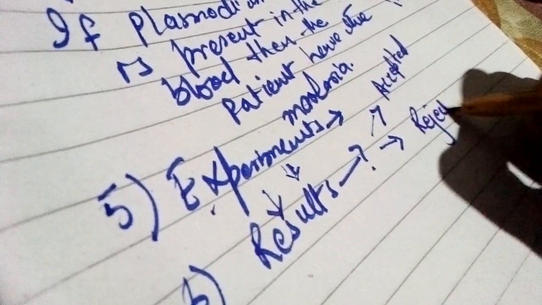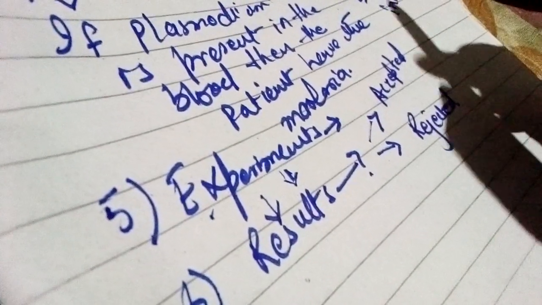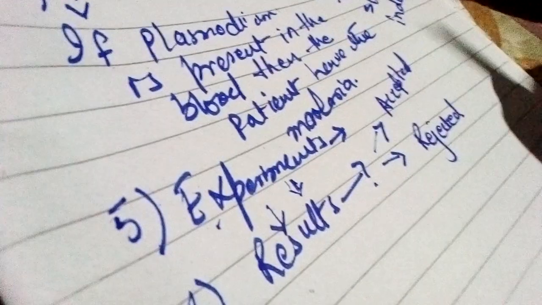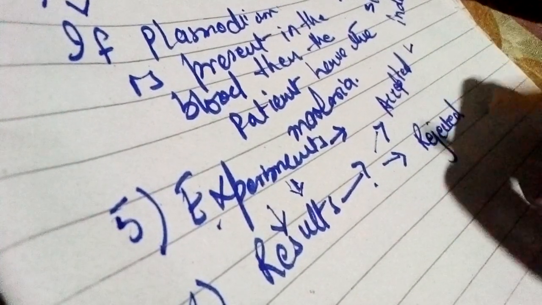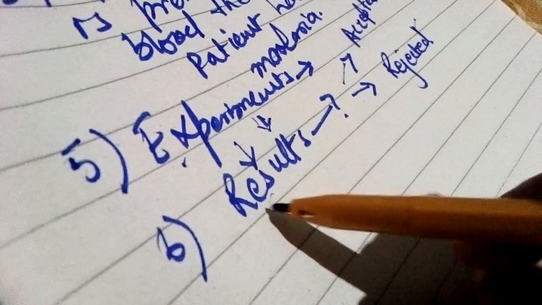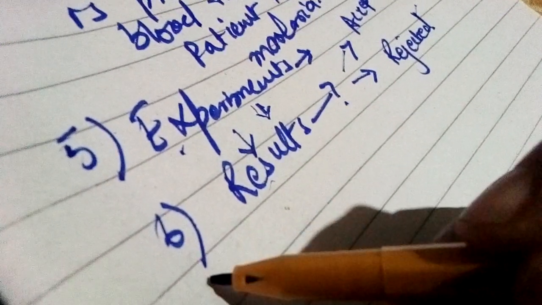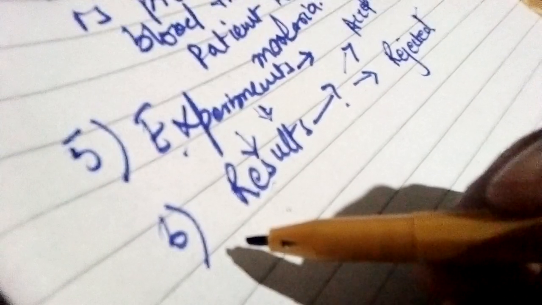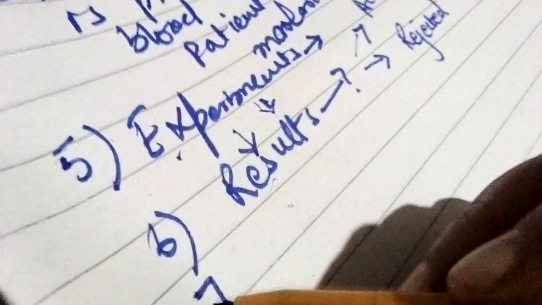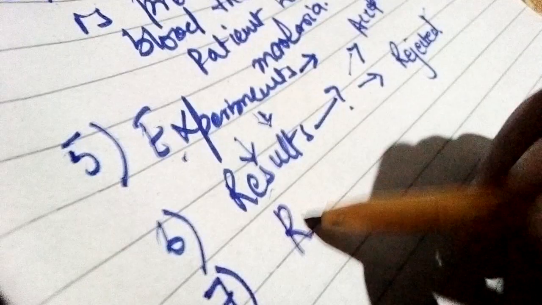On the basis of these results, what we were thinking in the hypothesis is either acceptable after the experiment or rejected after the experiment. We summarize the results, and finally we report.